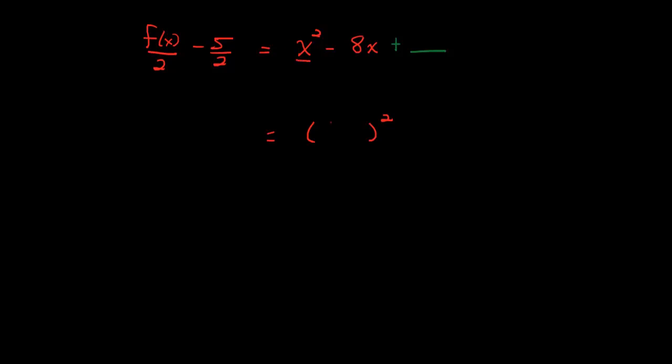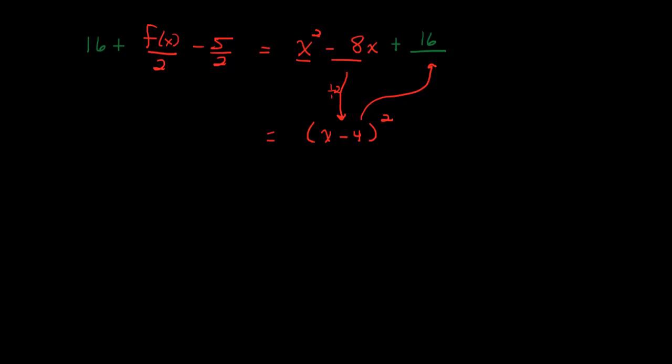My first variable will be x, and my next value, I get a minus 4 because we have to divide this value by 2. Next, I'm going to square this negative 4, and I get a value of plus 16. In order for me to have a perfect square, I'm going to add 16 on the right side, but I also have to add 16 on the left side.